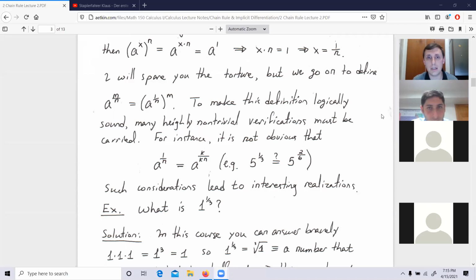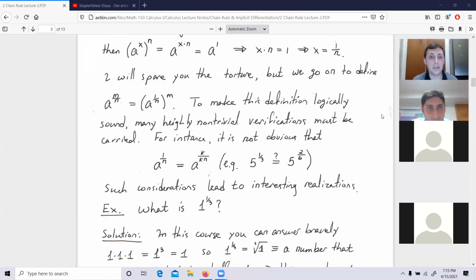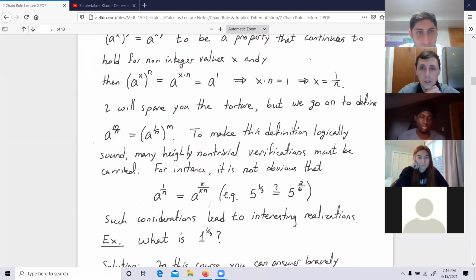Another thing is if you ever get to complex analysis, which I wish you do, you have all sorts of interesting results, guys. If I asked you to find the cube root of 1, what would you write? Don't worry, just what would you write if I asked you to do that?